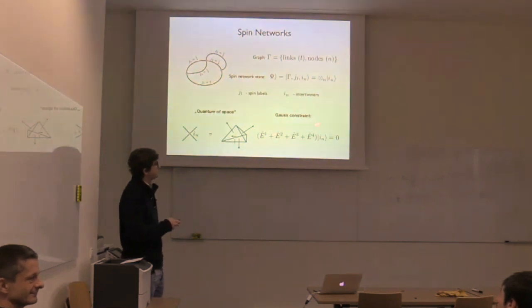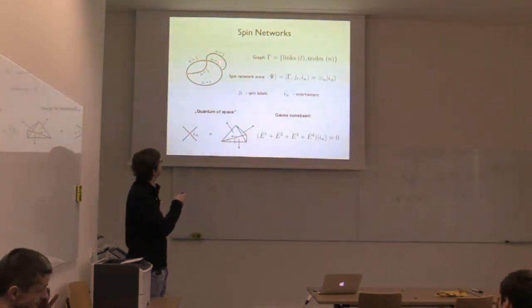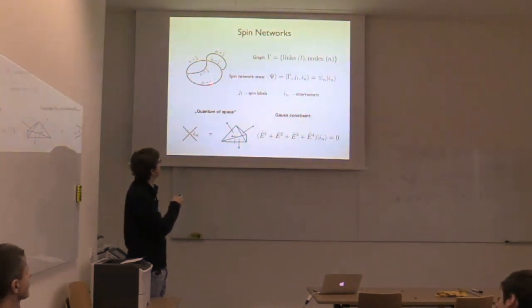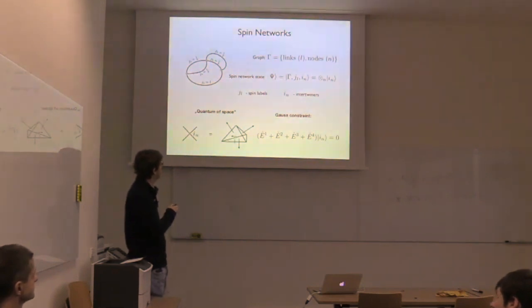So satisfying the Gauss constraint requires, this is important, that when you have, let's say, 3 links meeting at the node, you see 1/2, 1/2, and 1, and this configuration is allowed because those spins may sum up to 0. If you had 2 here, it would not work. That spin network would not be available.